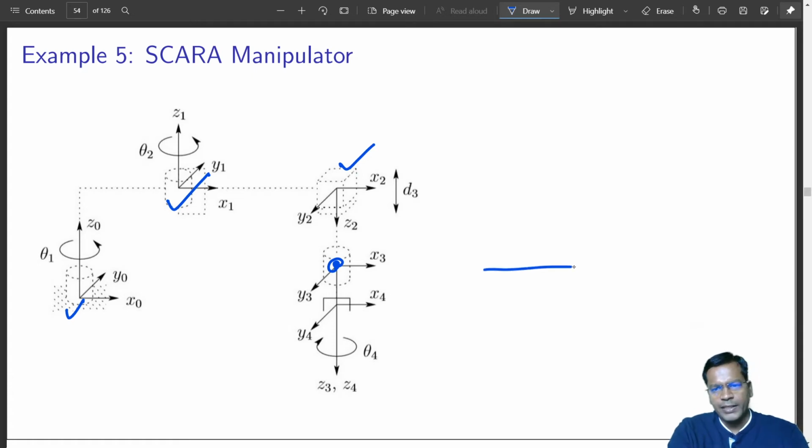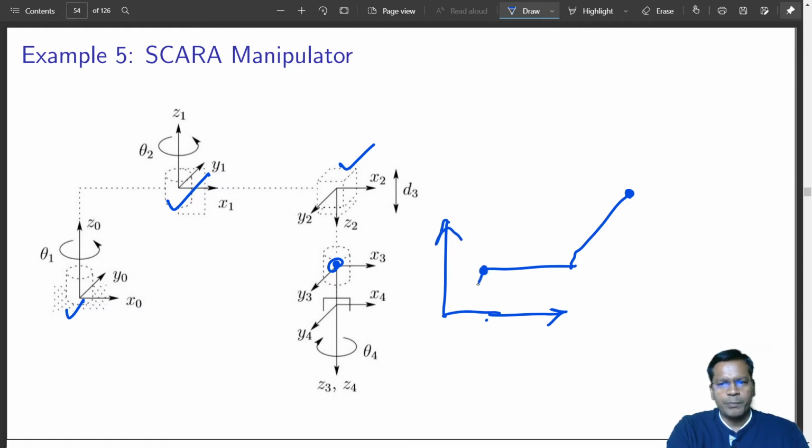The first link and the second link can make this point go in the xy plane. If this is x and this is y, and this is the base of the robot, then this point can go anywhere in xy, so it can assign only xy, there is no z.